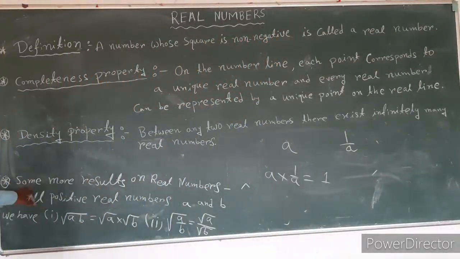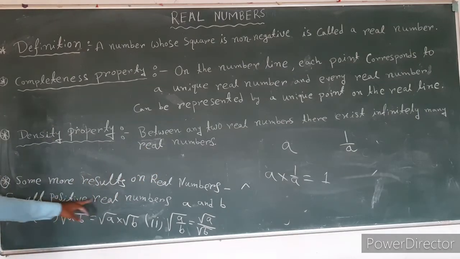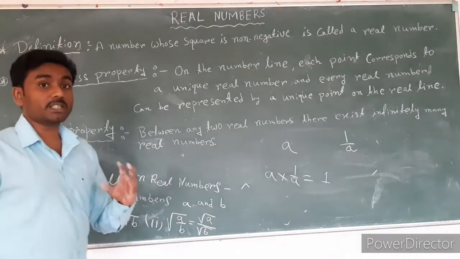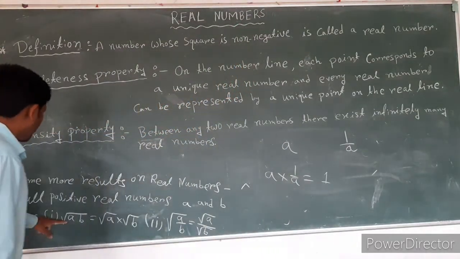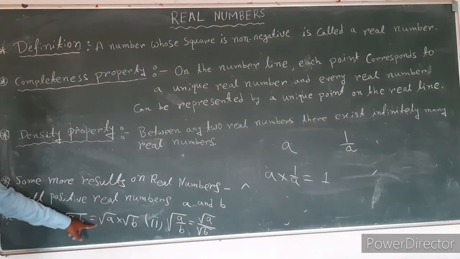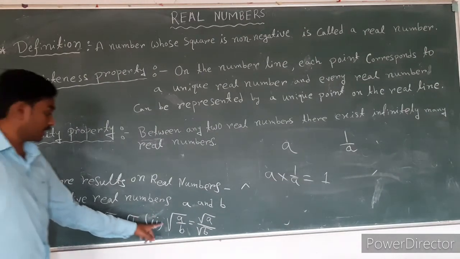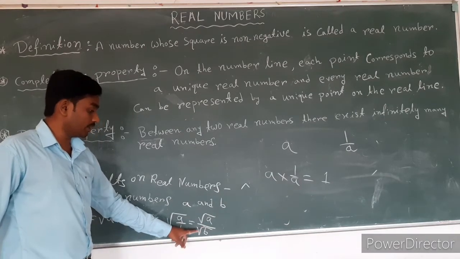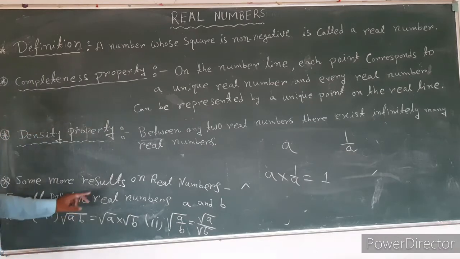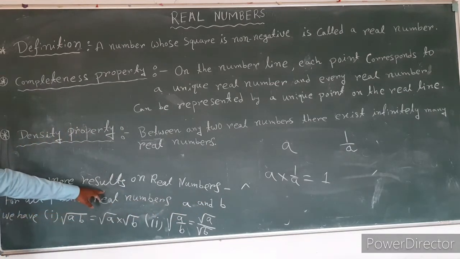Next, some more results on real numbers. For all positive real numbers a and b, root of a into b is equal to root a into root b, and root of a upon b is equal to root a upon root b. Look at that: a and b are positive real numbers.